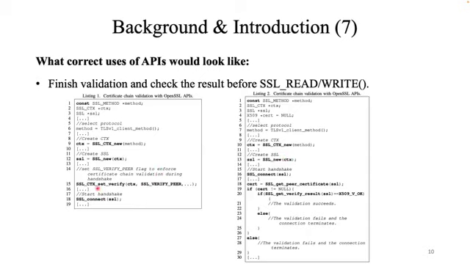So there is a setup for the verification, and when they are doing handshaking, this function call will automatically check the validation of things like hostname and the chain of certificates. And in this code, we first start handshake and get the chain of certificates from the connection, and then verify its validity.